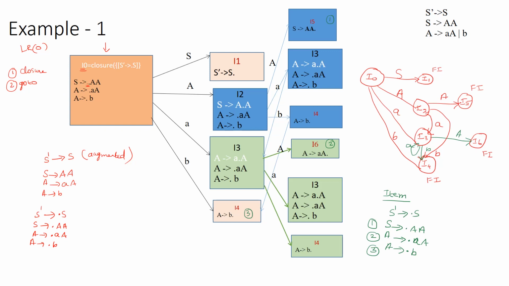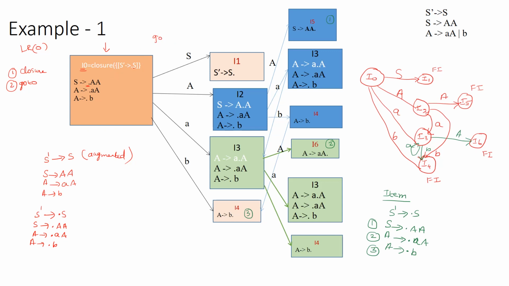So since here we have a non-terminal called A after this dot, we are adding the productions which contain A. So we are adding A derives dot small a capital A, and A derives dot b. So now we have written the closure. Now we have to find the goto function.